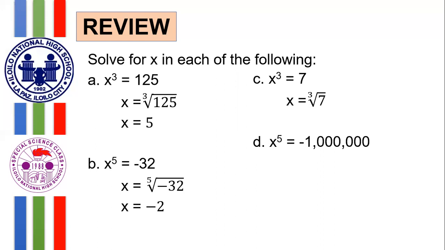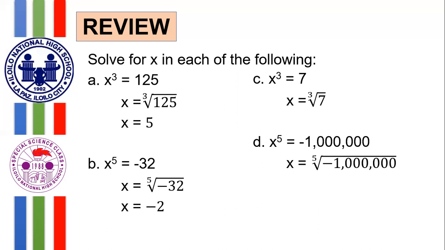How about letter D? x raised to 5 equals negative 1 million. For this one, of course, x equals the 5th root of negative 1 million. And you might ask yourself, is negative 1 million a perfect 5th power?